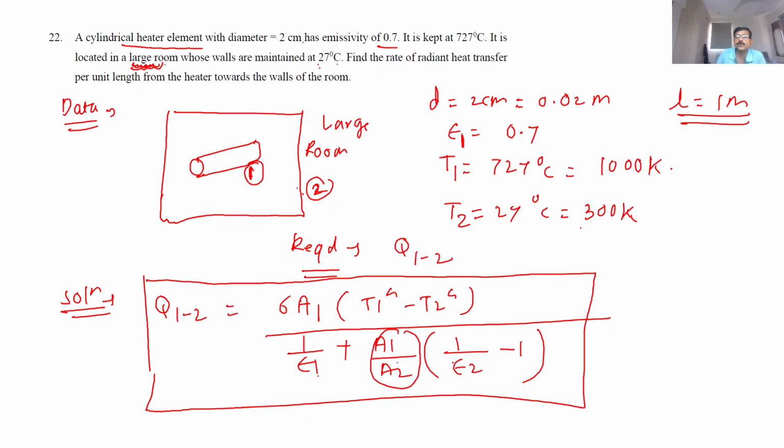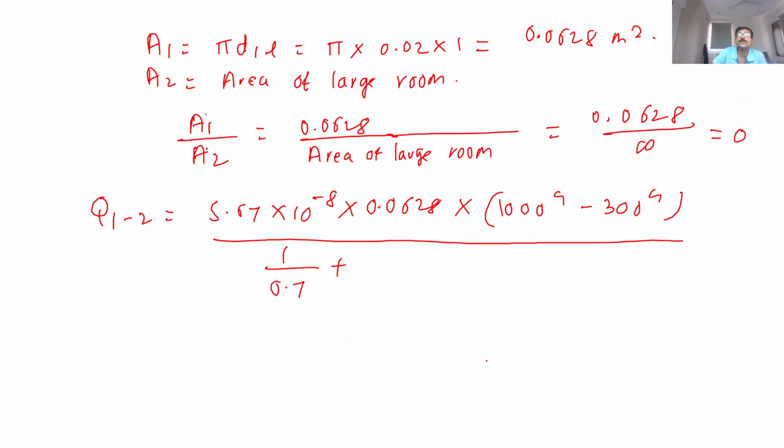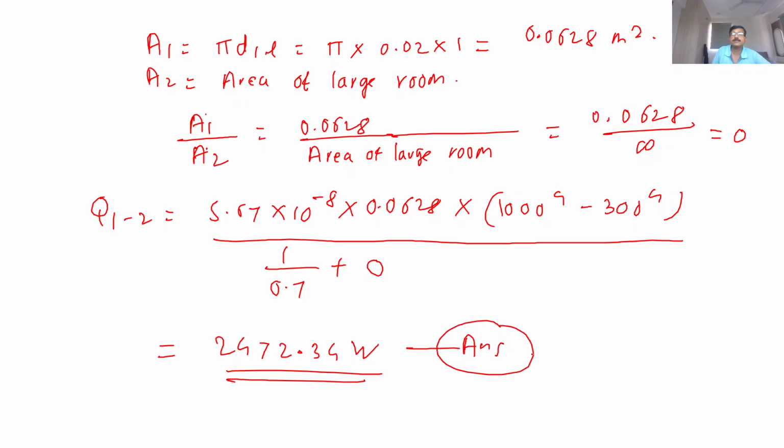Anything multiplied by 0 is 0, so I will write it as 0. If I solve this equation, I will get the answer of Q1 to 2 is 2472.34 watt. So this is the answer for this problem.